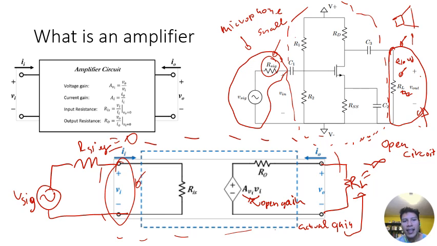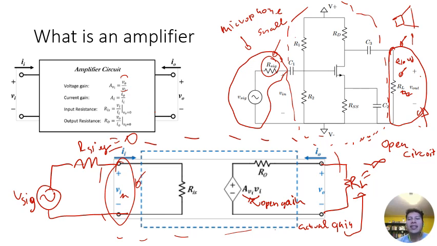So the gain of your circuit is this V out over V in, which typically will assume that R sig is 0. So when they're asking you for the gain of your amplifier, you can just plug in R sig equals 0, or a short, which essentially means that your voltage source is an ideal voltage source. It doesn't have any resistance associated with it. And additionally, if they're asking you for the open gain, then you just plug in RL infinite.